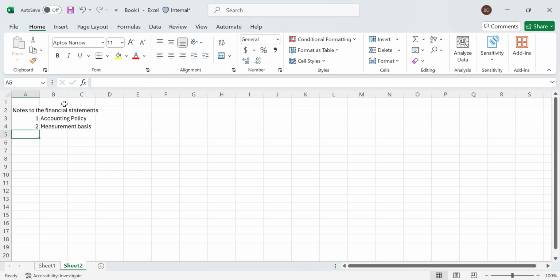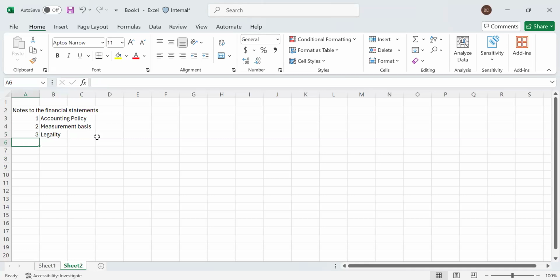So note 1, we say accounting policy. Note 2, measurement basis. Note 3 will be what? And note 4 will be what?